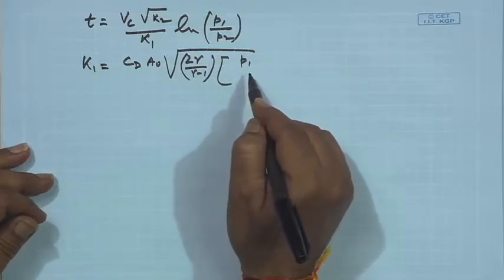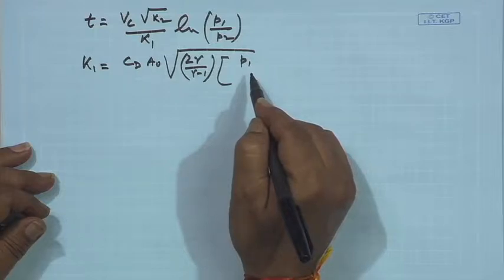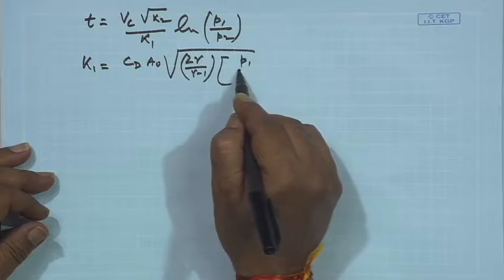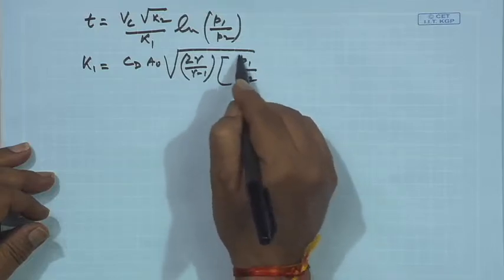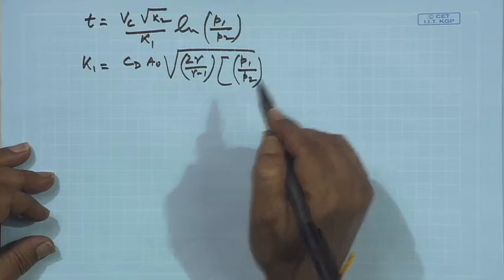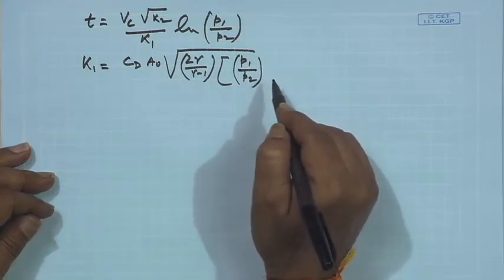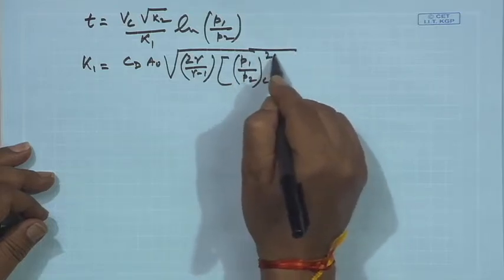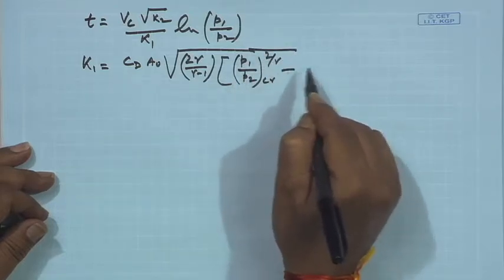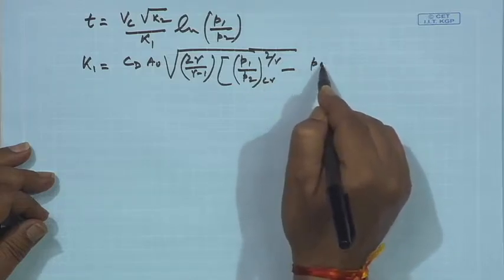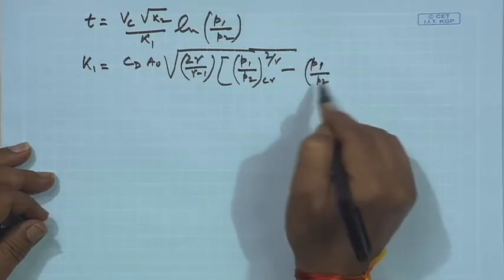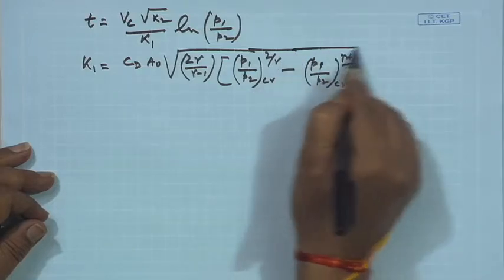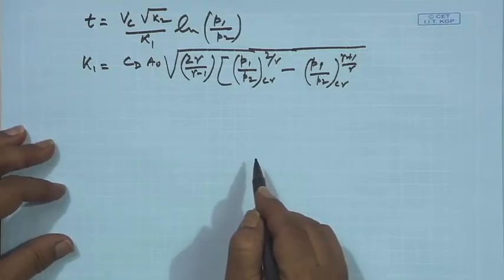So, in this case we should write P1 by P2, under critical condition, to the power 2 by gamma minus P1 over P2 to the power gamma plus 1 by gamma, under critical condition. This was K1, right?